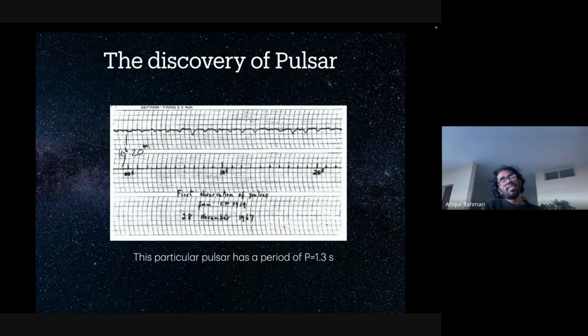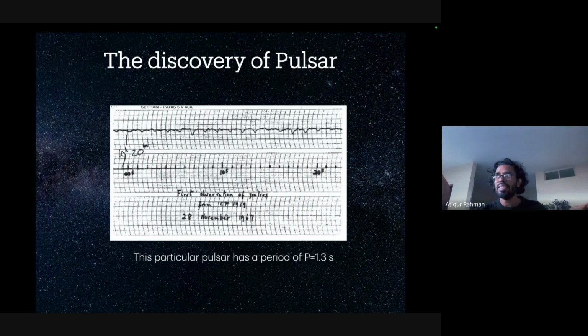there's other pulsars started to come to notice, and people started to find out these things. You can see that I wrote that the first pulsar that they detected, it has a period of 1.3 seconds. So every pulse used to come at a 1.3 second interval. And they calculated the density.